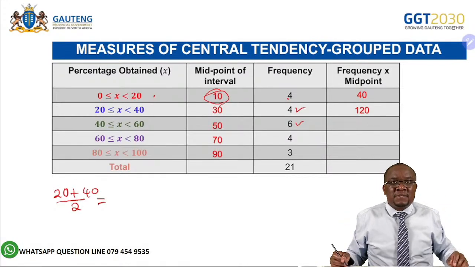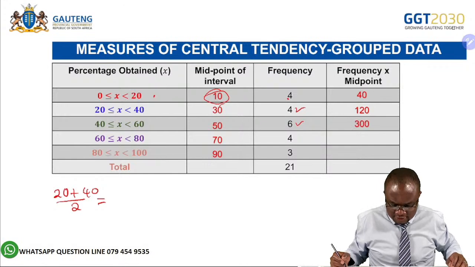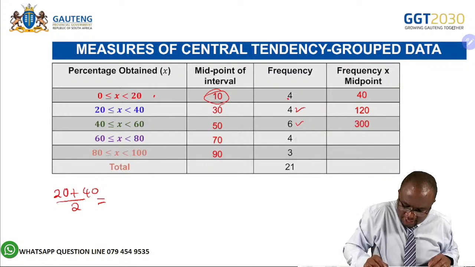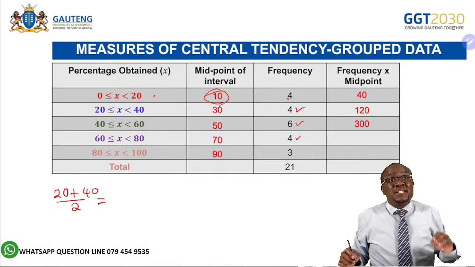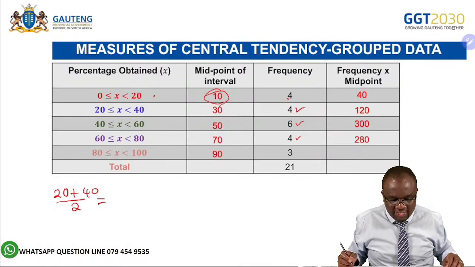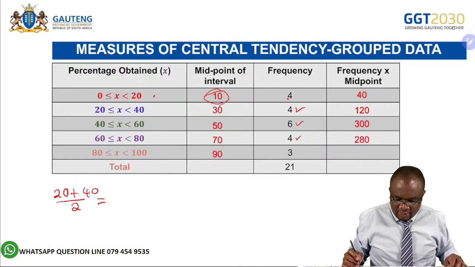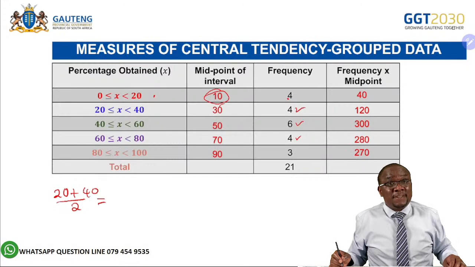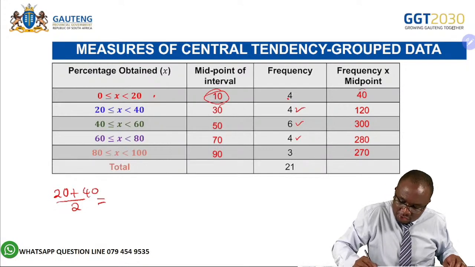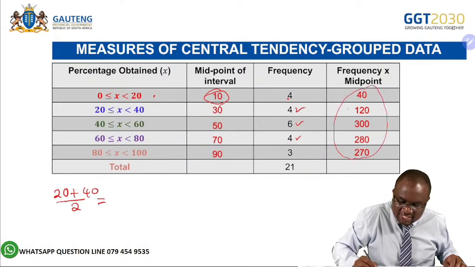So it's 50 times 6, which is 300 marks. Four learners got 70, so it's 70 times 4, which is 280. And then 90 times 3, which is 270. So these are the total marks from each class interval.